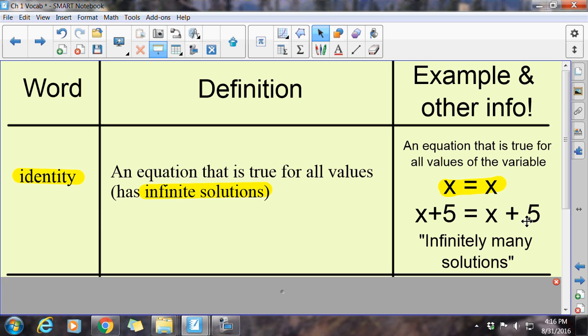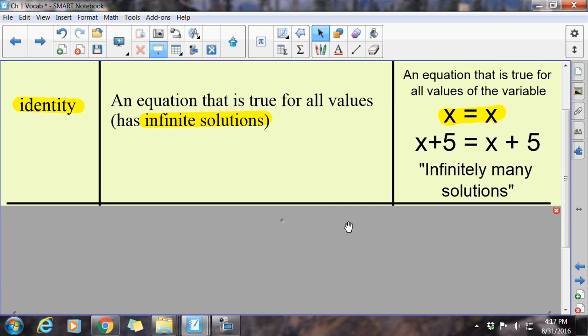This would also be an identity because if I take any value of x and I add 5 to it on both sides, it's still going to be the same thing. 0 plus 5, 0 plus 5, both of those are equal to each other. And I could put anything for x here and x here. If I add 5 to both sides, it's still going to be equal to each other. So what we say a lot of times is infinitely many solutions, or you can just say infinite solutions for an answer for this.